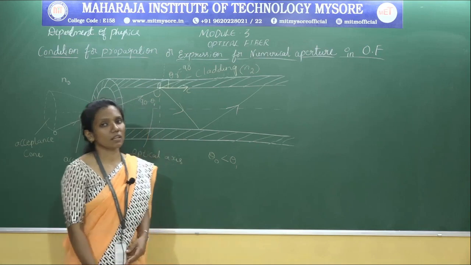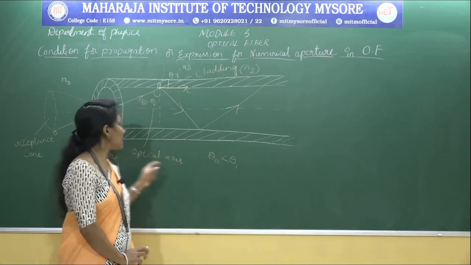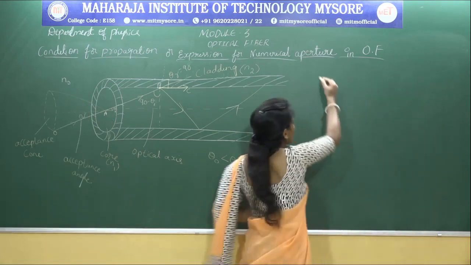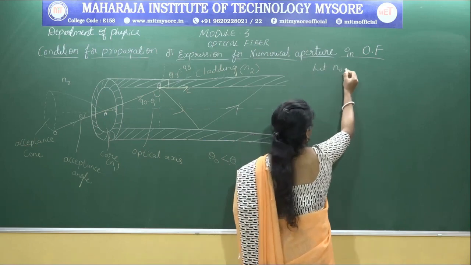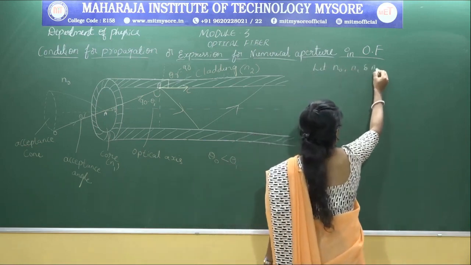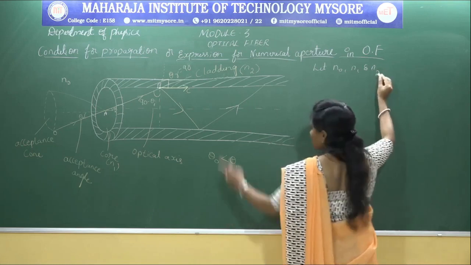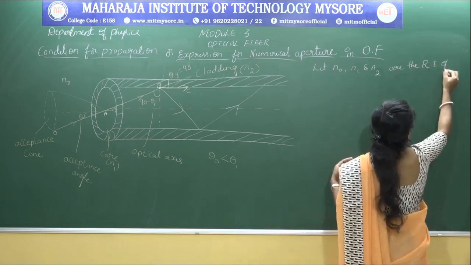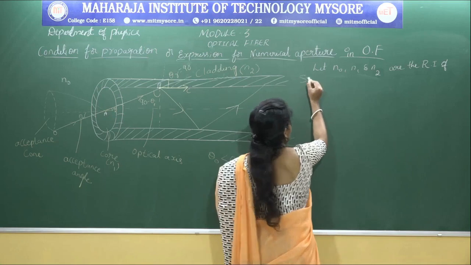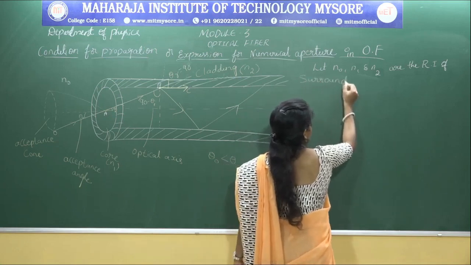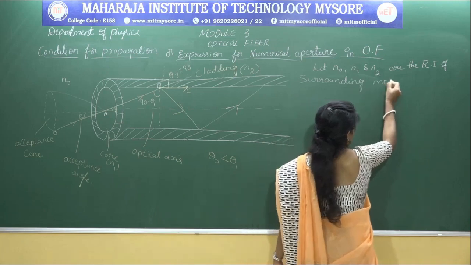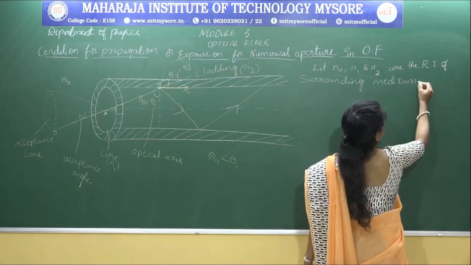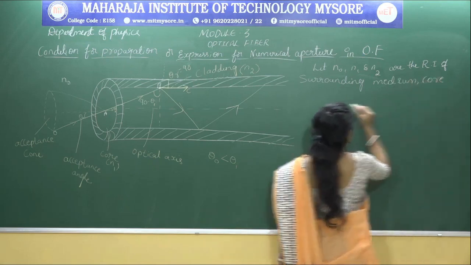Then we have to apply Snell's law at point A. Here n0, n1 and n2 are the refractive indices of the surrounding medium, the core and the cladding.